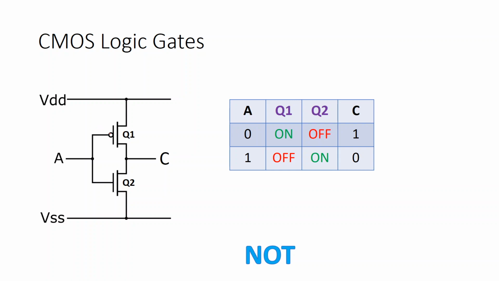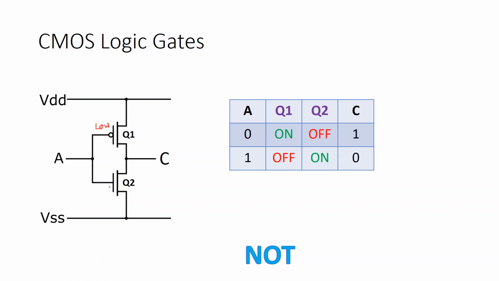If you see a bubble at the gate, this means this transistor is switched on, or becomes a short circuit, when a low voltage is appearing at its input. If a high voltage appears at its input, it remains an open circuit. So this switch is open. When a low voltage comes, the switch is closed. So this is the implication of the bubble.